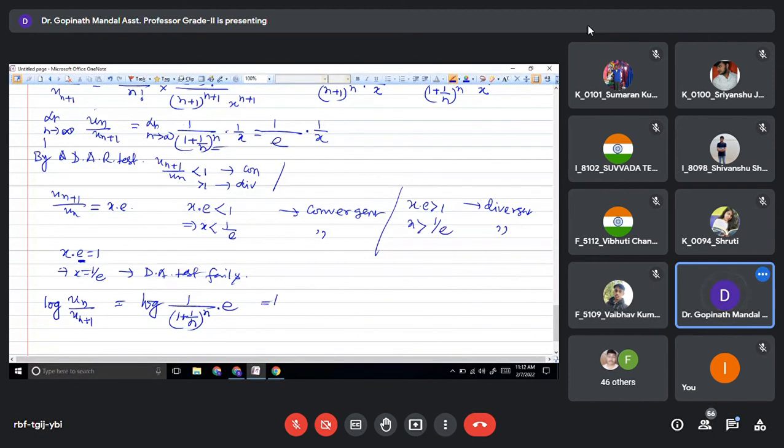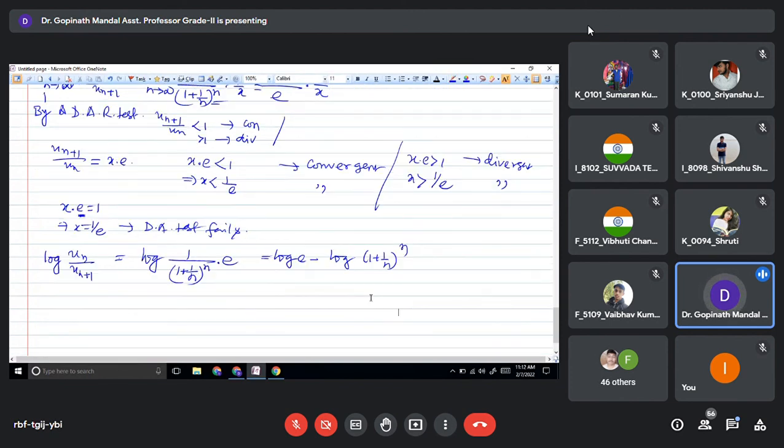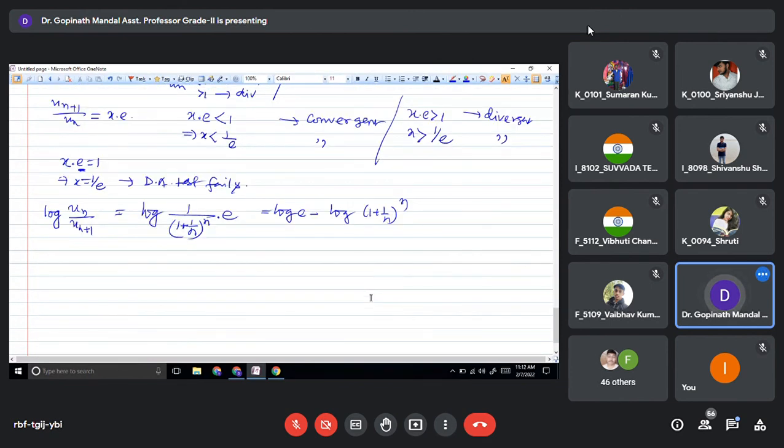Now this is log e minus n log(1+1/n). Now as n tending to infinity, log e is 1 minus n log(1+1/n).